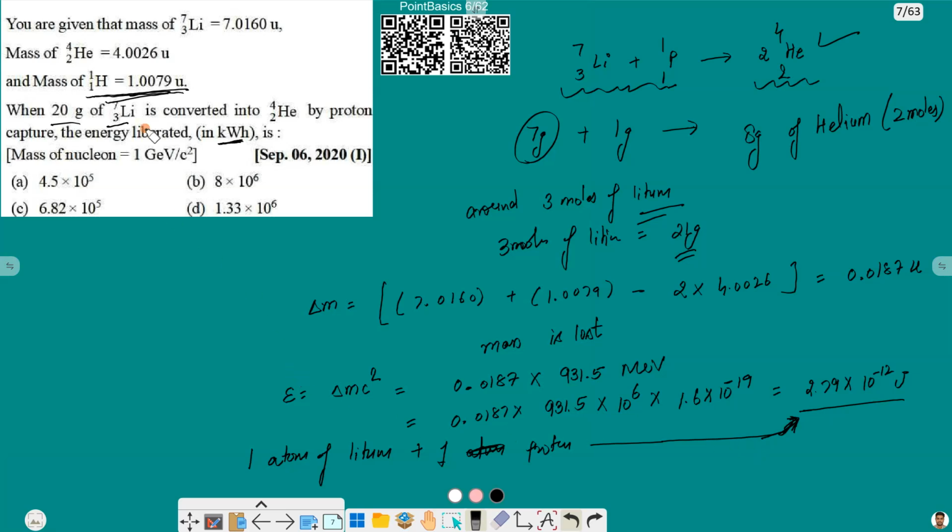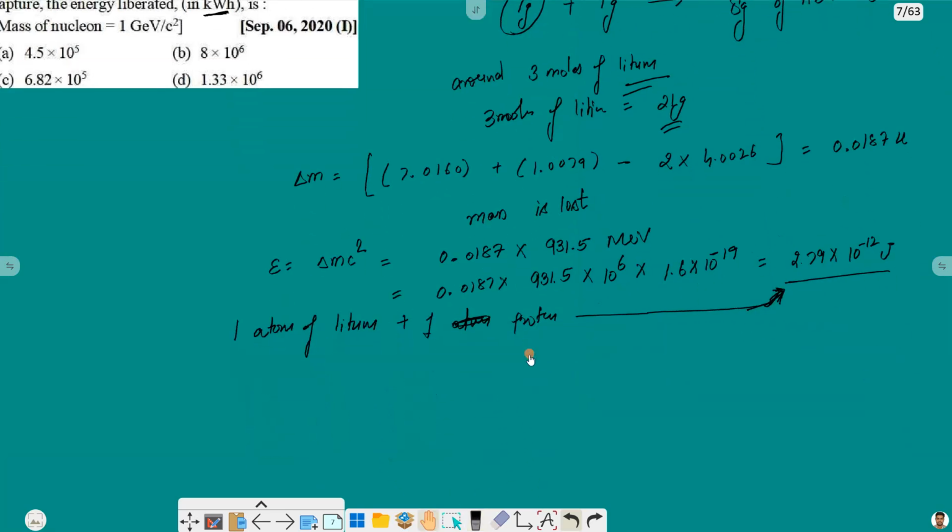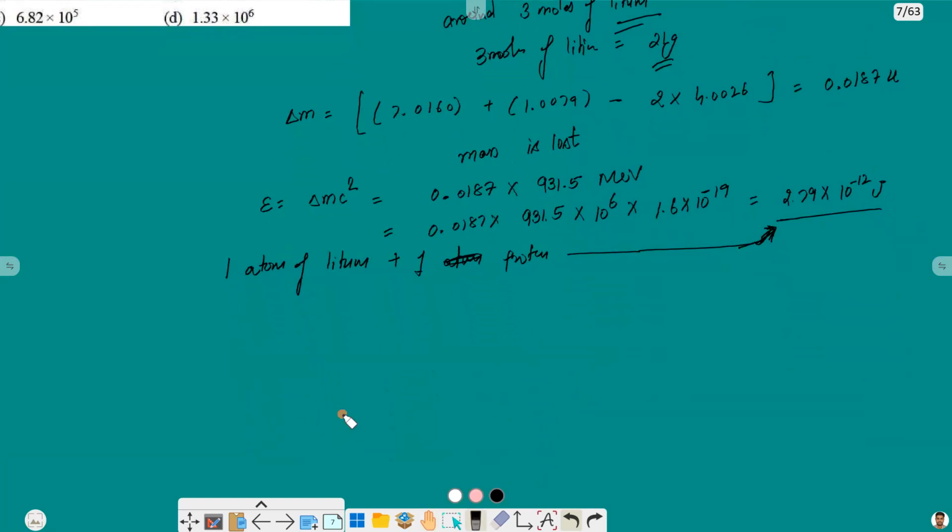Now we have 20 gram of lithium. So first of all, we will calculate the number of atoms we have. We know that 1 mole of lithium is equal to 7 grams. Now in 1 mole of lithium, what do we have?